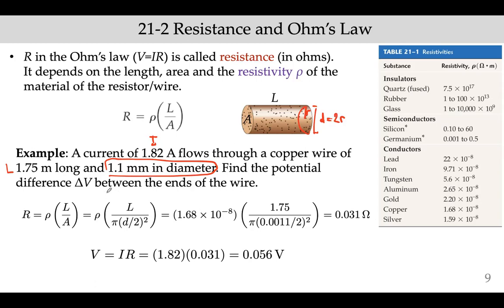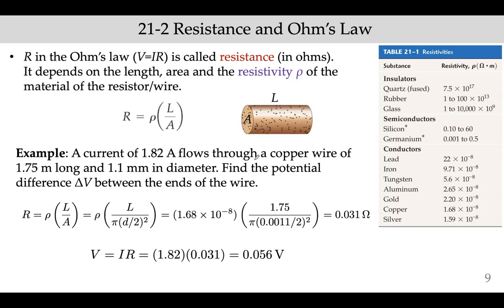Find the potential difference between the ends of the wire. We have the value of L, and A is not given, but we can calculate it.